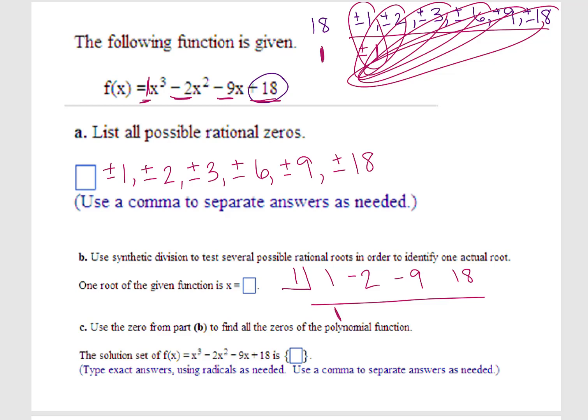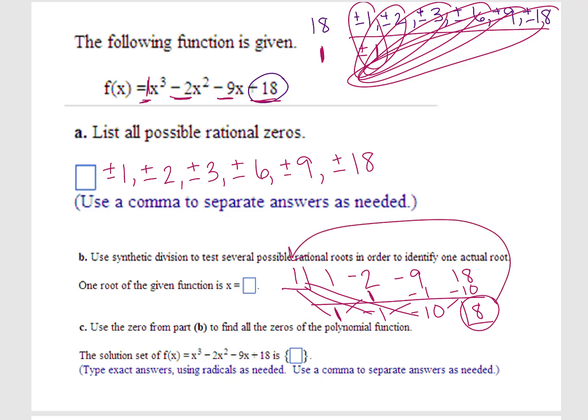We drop this first 1, multiply, get 1, add, multiply, add, multiply, add, and my remainder is not 0. Therefore, since my remainder is not 0, I know that positive 1 is not a solution to this function.